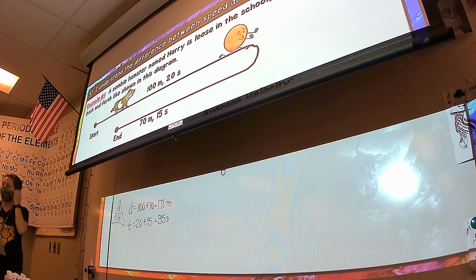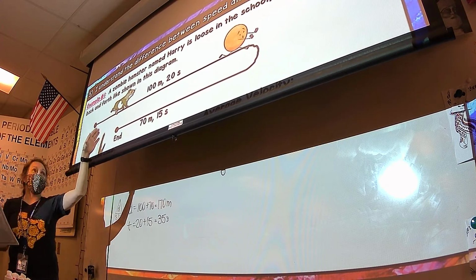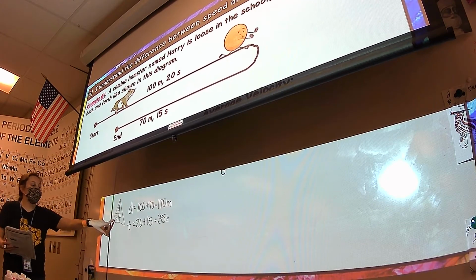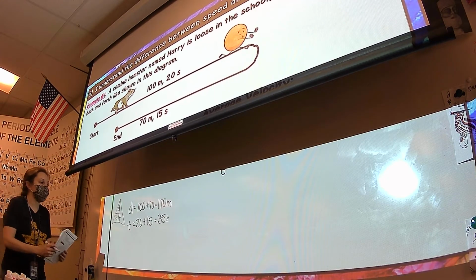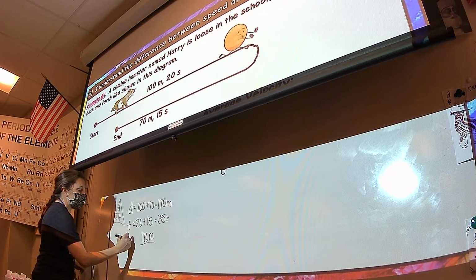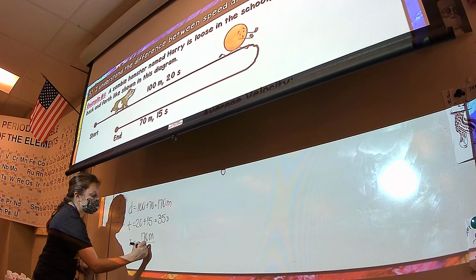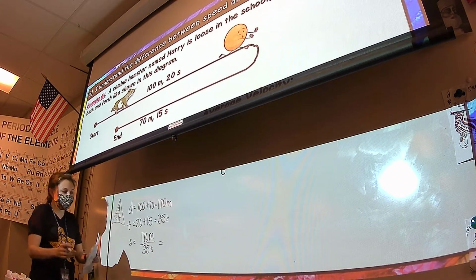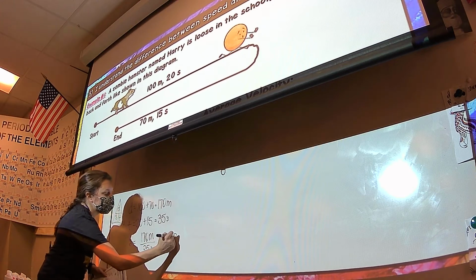Everybody with me so far? So for speed we want total distance, so we're going to add up the total that you ran. Now how do I find S? Divide. So I'm going to do 170 divided by 35 seconds. And you're going to get 4.86.